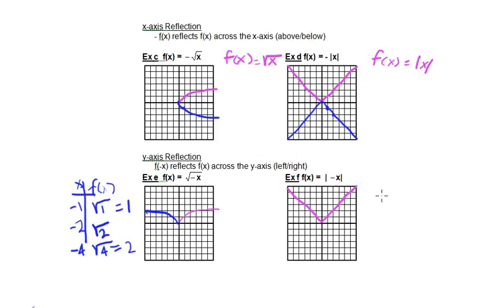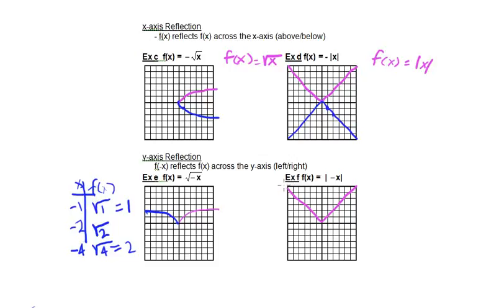And now, according to this principle here, that if we put a minus sign inside of the parentheses, we should be reflecting across the y-axis. But if you look at this point over here, the point 6, if we reflect it across the y-axis, it will go onto the other side. It will reflect and become the point negative 6.